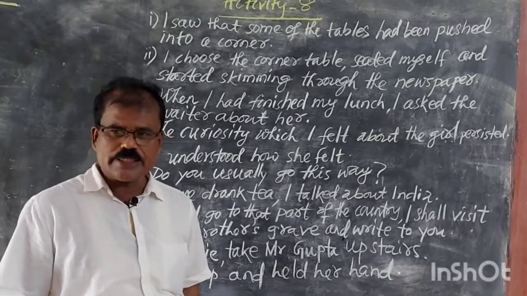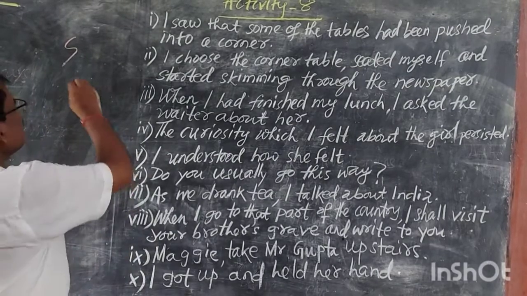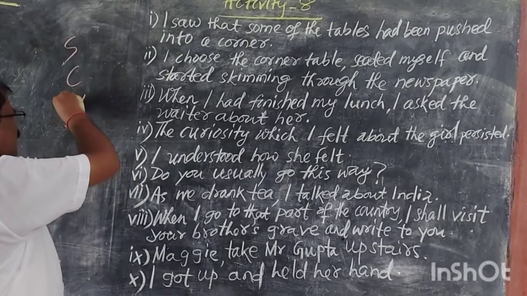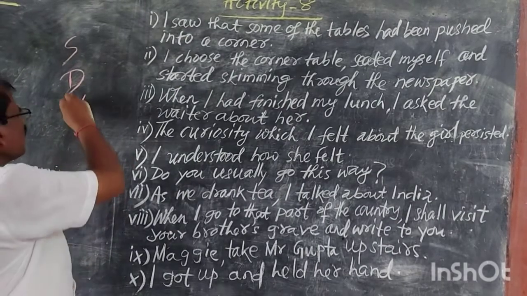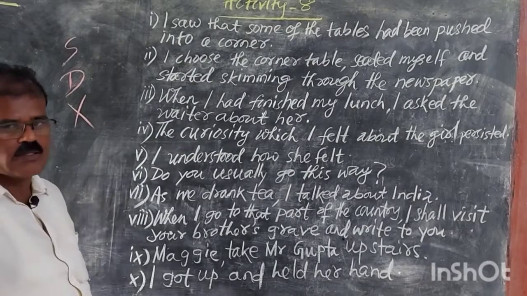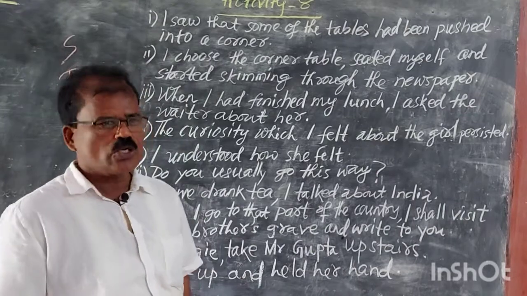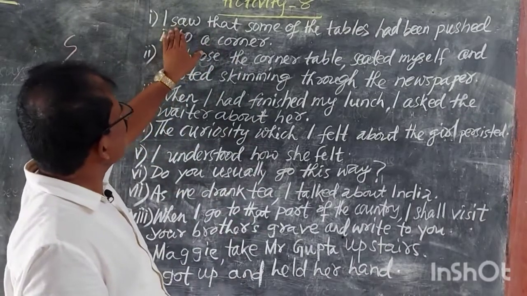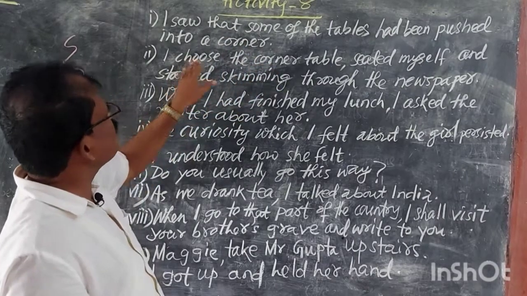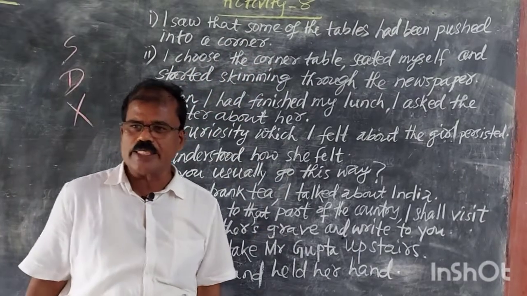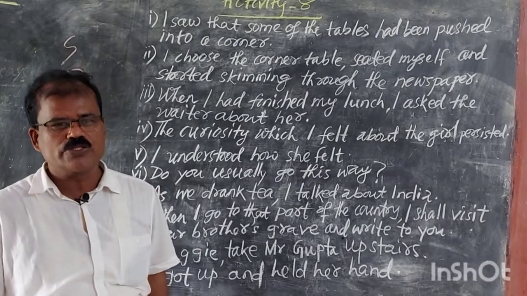For simple sentence, write S. For compound sentence, write D. And for complex sentence, write X. Okay? So, now I saw that some of the tables had been pushed into a corner. What type of sentence is it? Tell me which is the subordinate clause here.